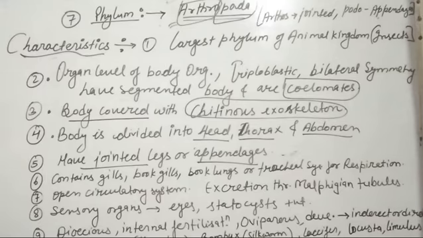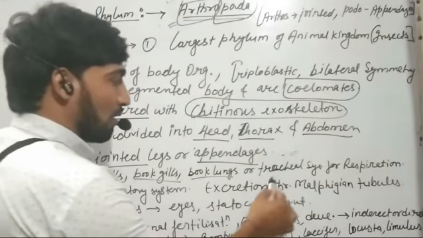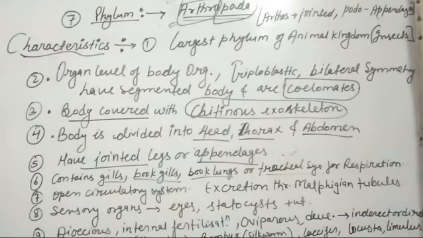Further, for respiration, organisms belonging to Arthropoda have either gills, book gills, book lungs, or a tracheal system that helps in the respiration process.